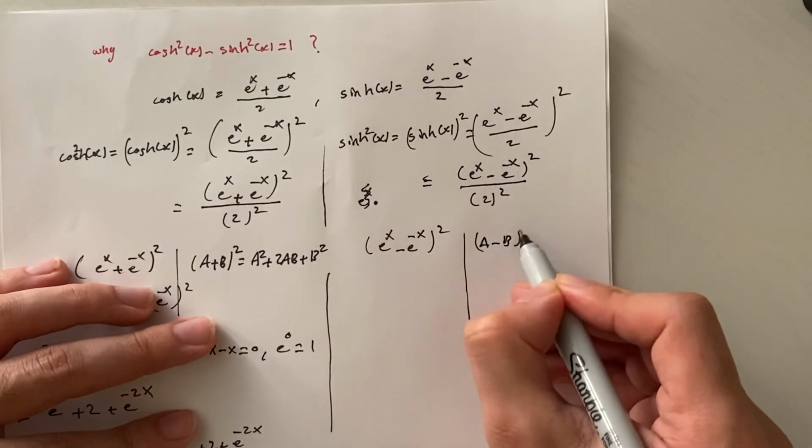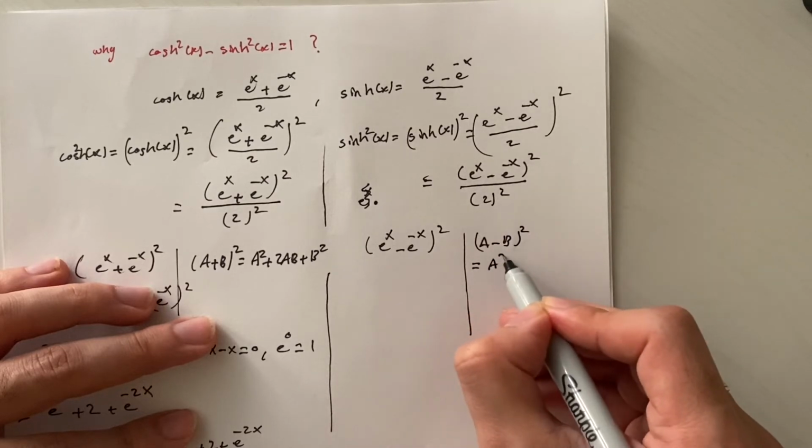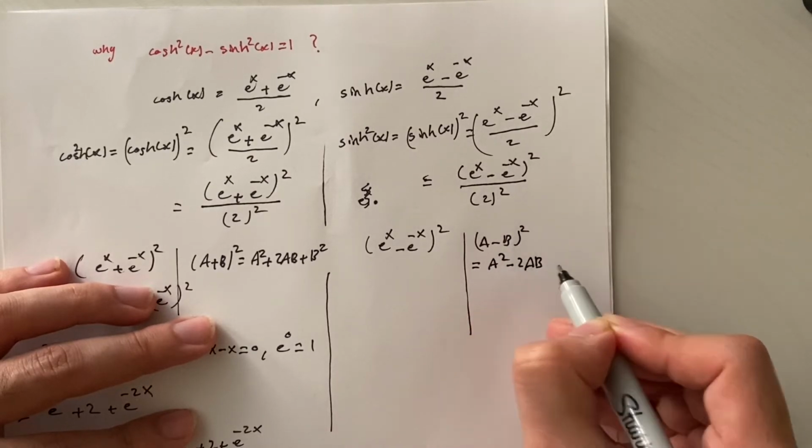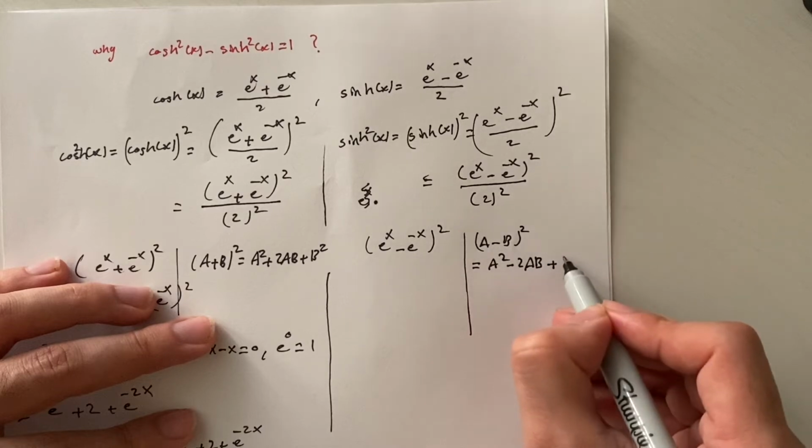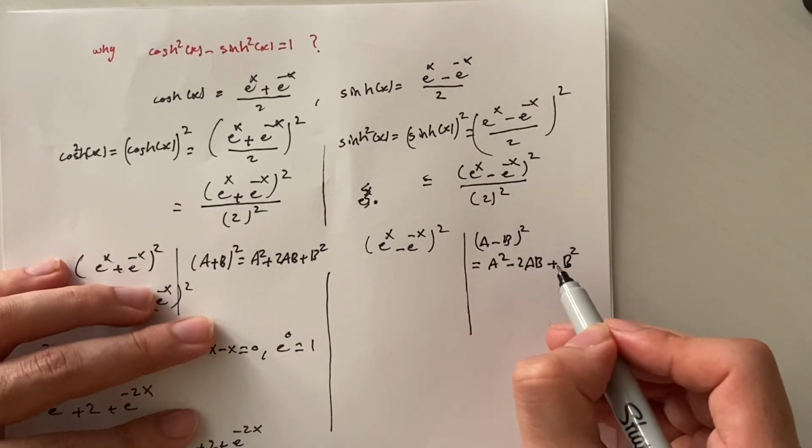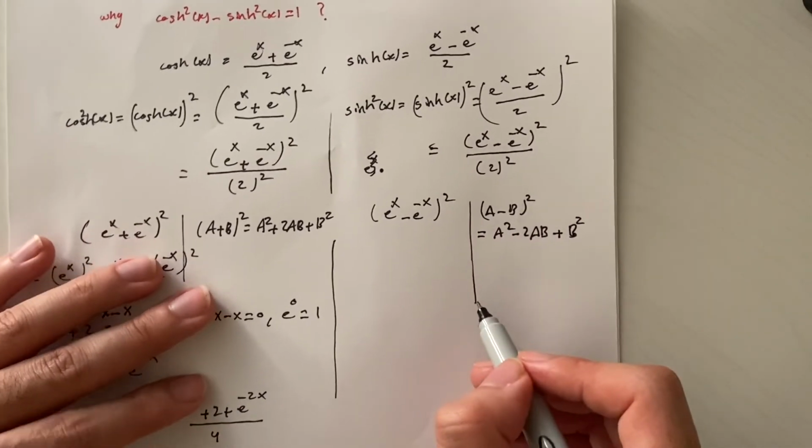So a minus b squared is gonna be a squared minus 2ab plus b squared, where a here is e to the x and b is e to the negative x.